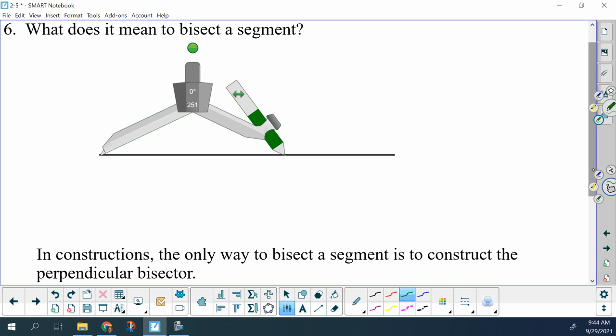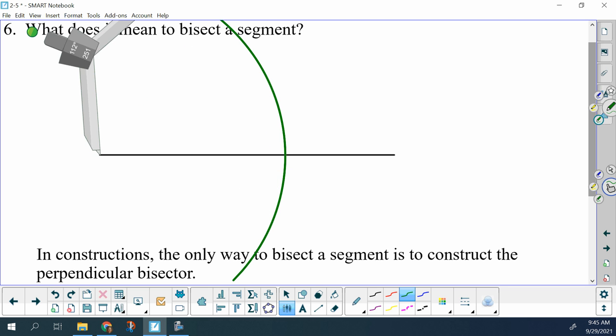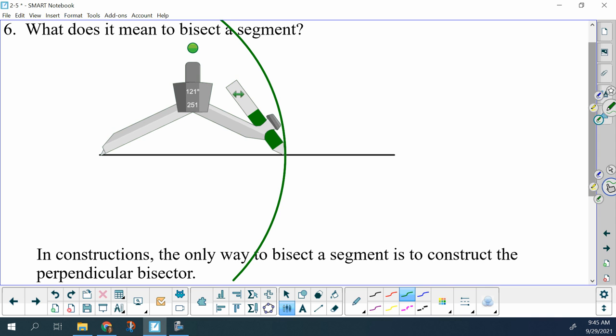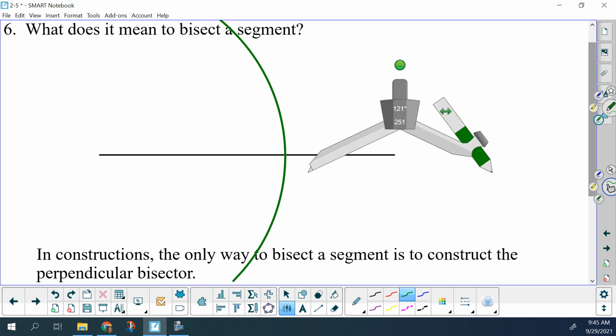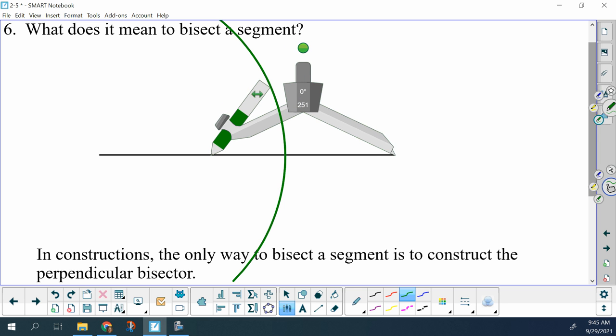All right, you're now going to do a semicircle for an arc. So I'm going to go below, and I'm going to go above. Make sure it's a semicircle. All right, don't change your compass. Move to the other side, and you're going to do it again.